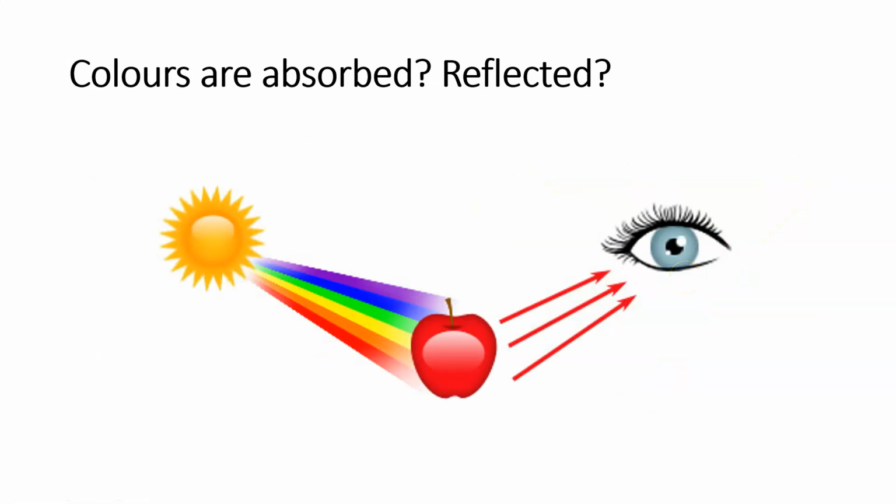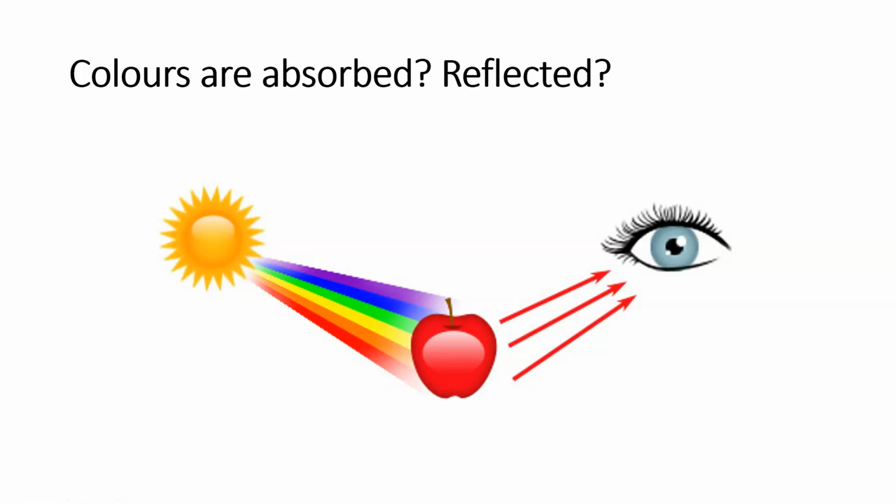All right, so are colors absorbed or are they reflected? Well, this picture here is actually really good at showing that. So we've got a little cartoon drawing of the sun. That is our luminous object, and we know that the sun gives out white light, which are all colors of the rainbow. Now, if we look at that apple, we perceive the apple as being red.